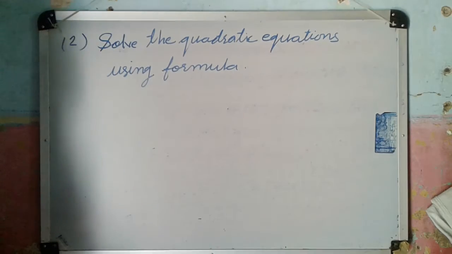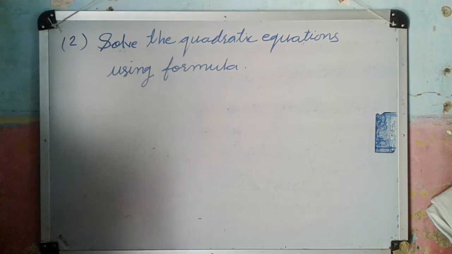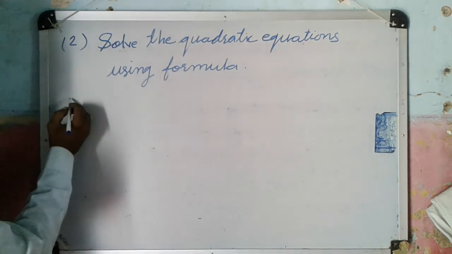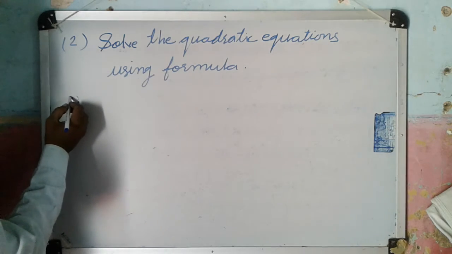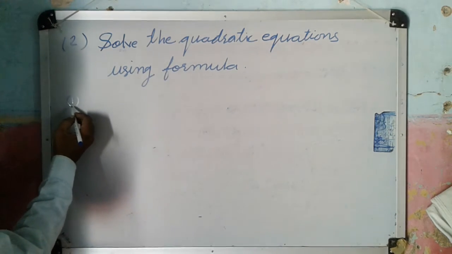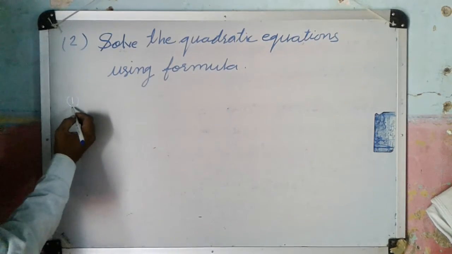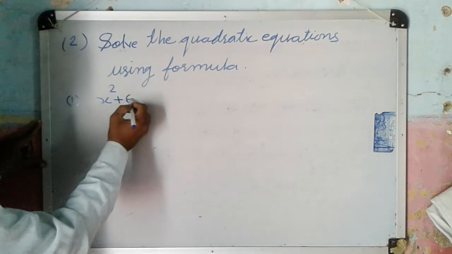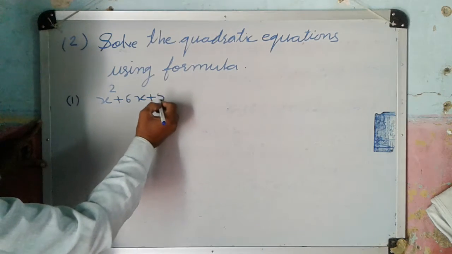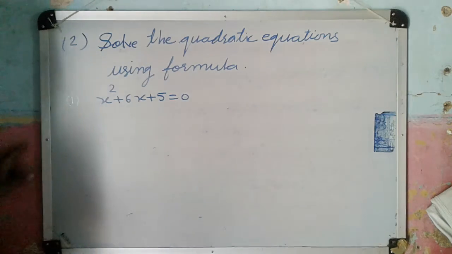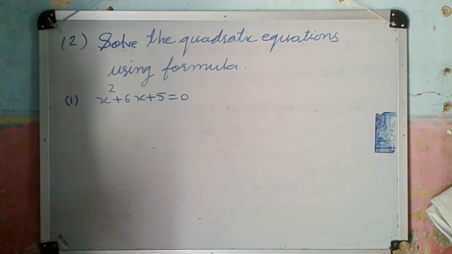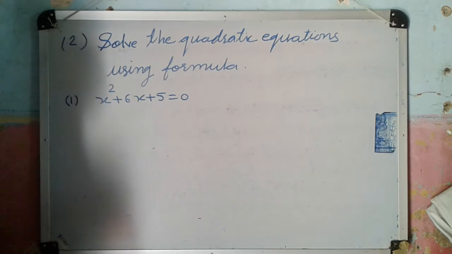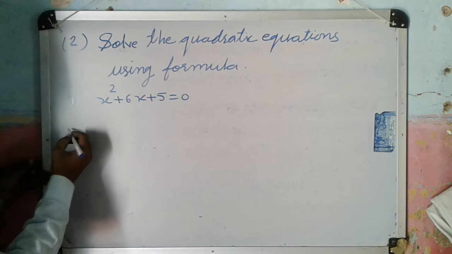Now question 2. Solve the quadratic equations using formula. So example 1 is x square plus 6x plus 5 is equal to 0. Now this is our given quadratic equation.